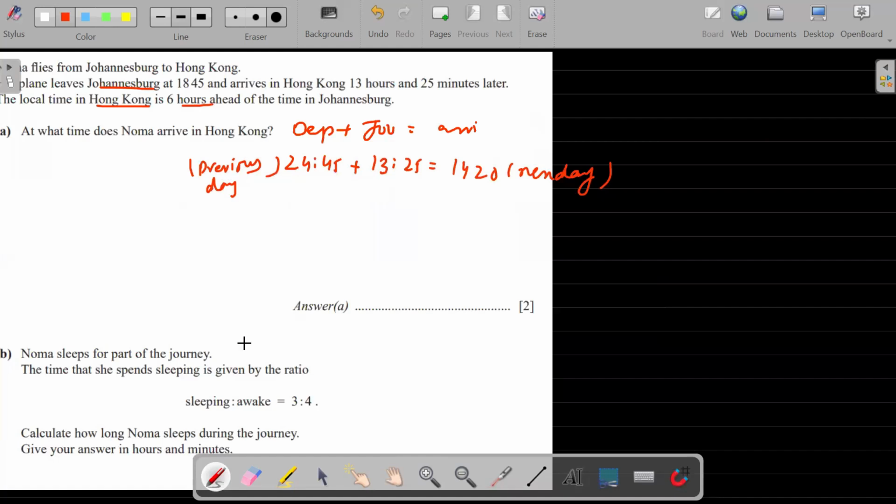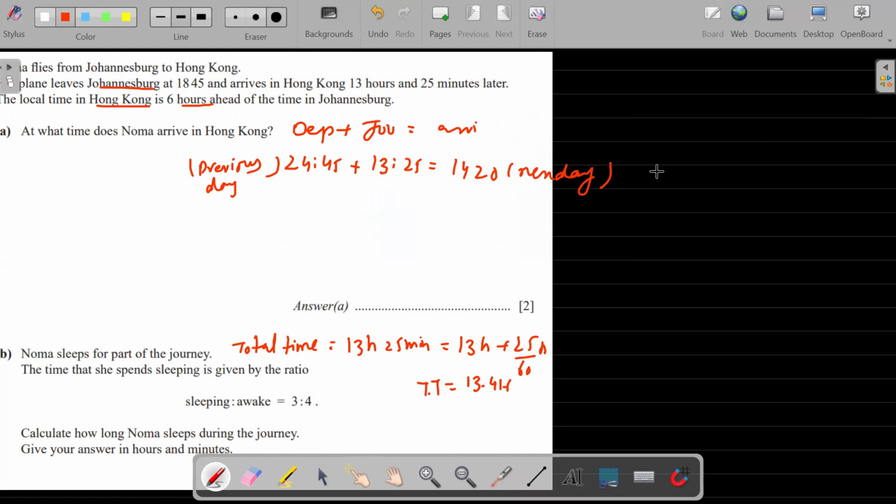So total time is 13 hours and 25 minutes. We convert the 25 minutes into hours and add it to the 13, so 25 by 60 plus 13 is 13.416.